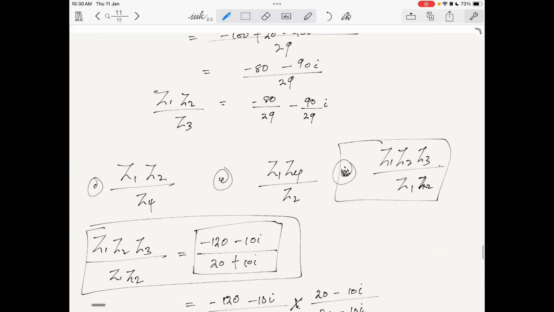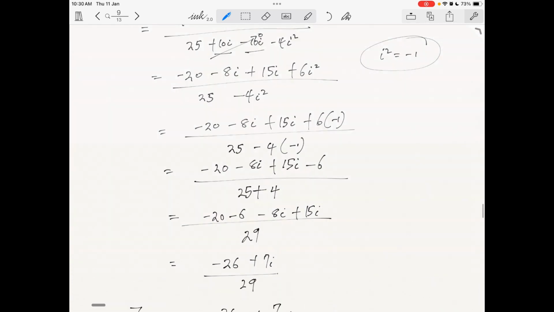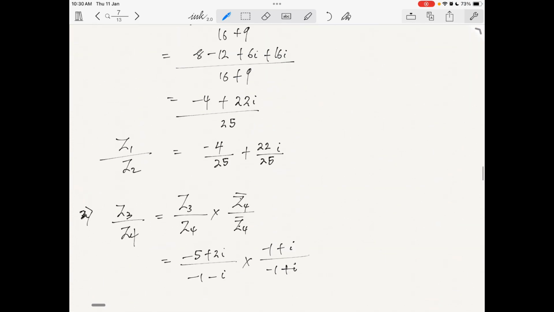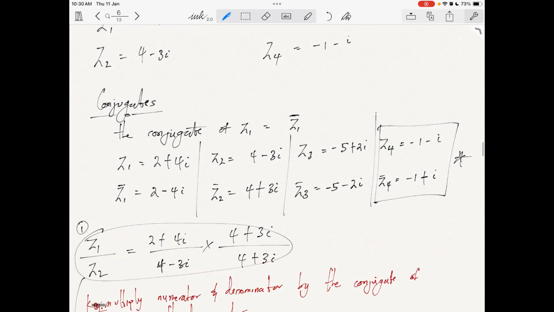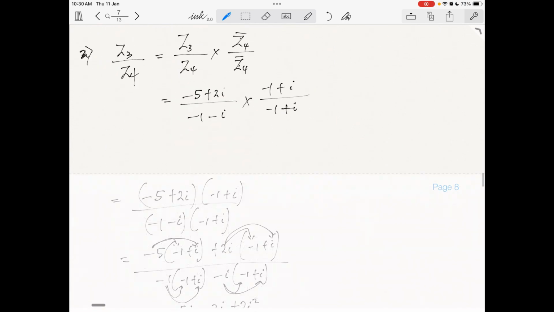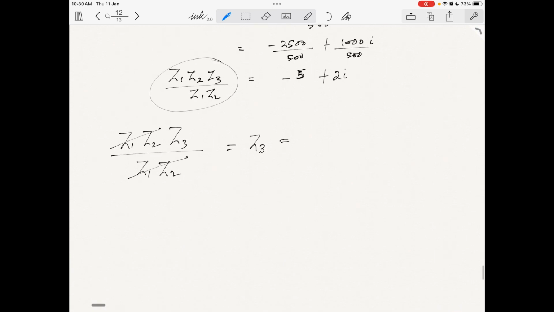From our question initially, this is just a confirmation: z3 is minus 5 plus 2i, which is the same answer we got. Minus 5 plus 2i.